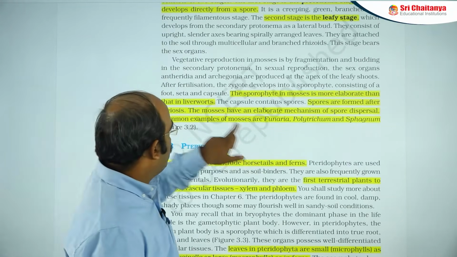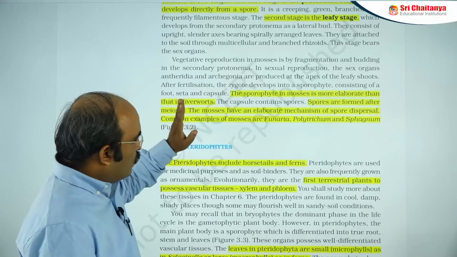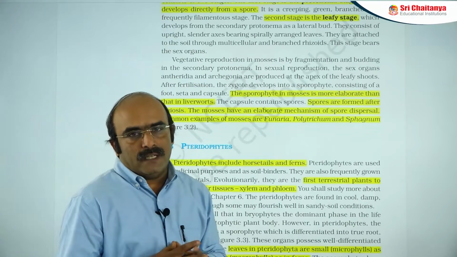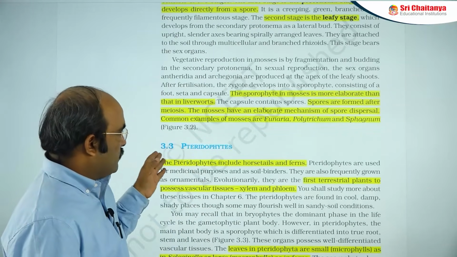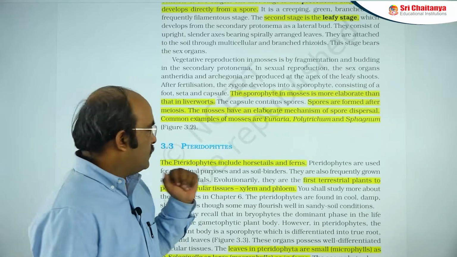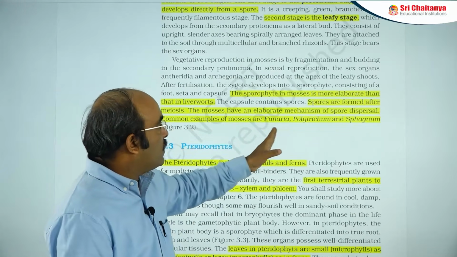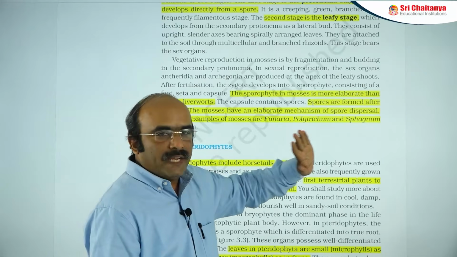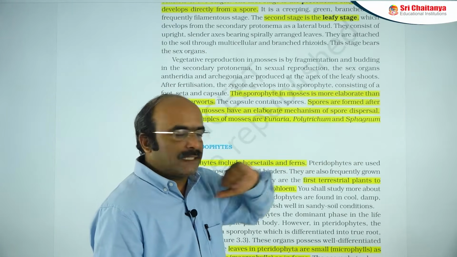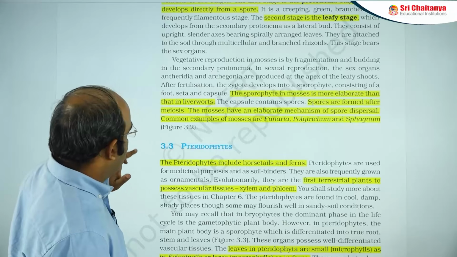The spores are formed after meiosis, and mosses also have an elaborate spore dispersal mechanism, which is very, very important. The examples of moss plants are Funaria, Polytrichum and Sphagnum. These are the three examples.